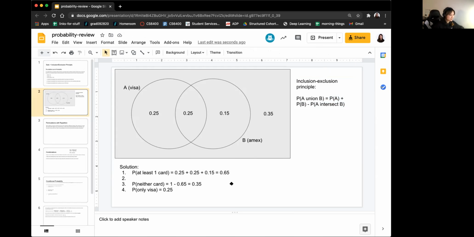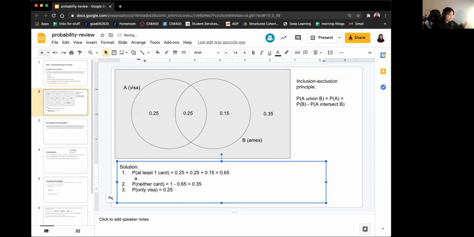And so we can actually use these formulas here. So at least one card, it's the union. So A union B is equal to 0.5 plus 0.4 minus 0.25, which brings us back to the same number of 0.65.